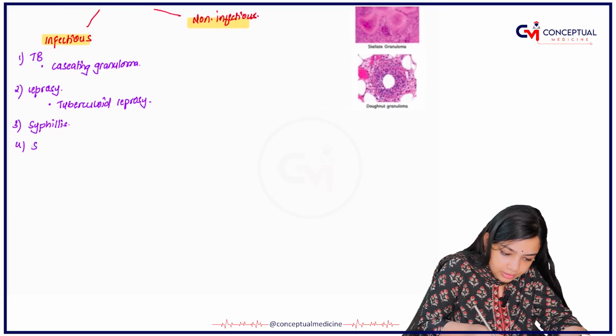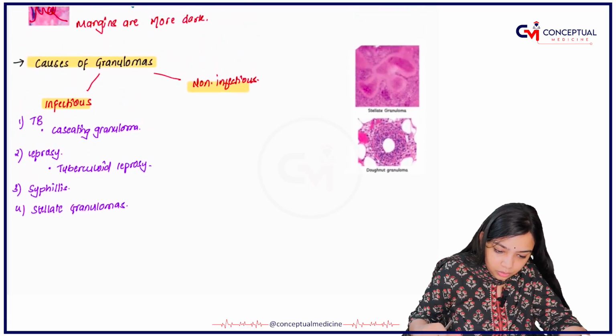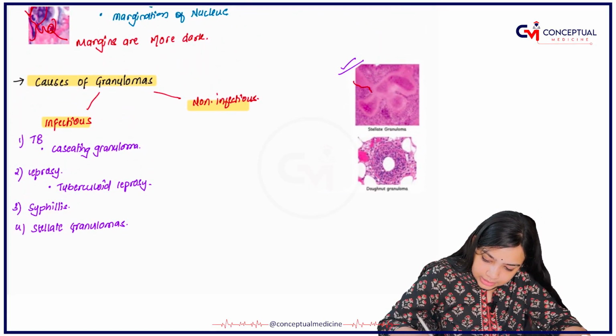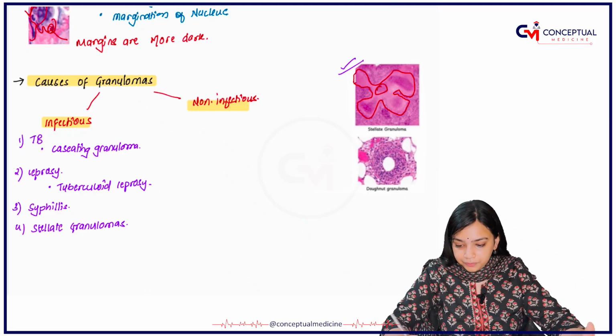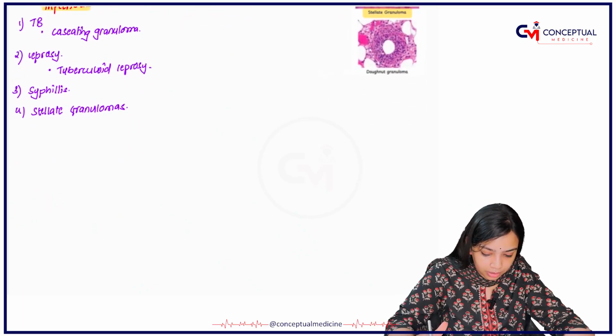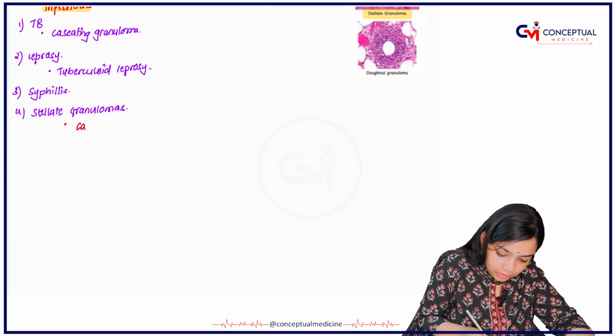Next you have is the stellate granulomas. Now what happens in the stellate granulomas? See this figure. These type of granulomas, like a star pattern, is your stellate granuloma. Now, in stellate granuloma, what we need to understand is it is found in two conditions.